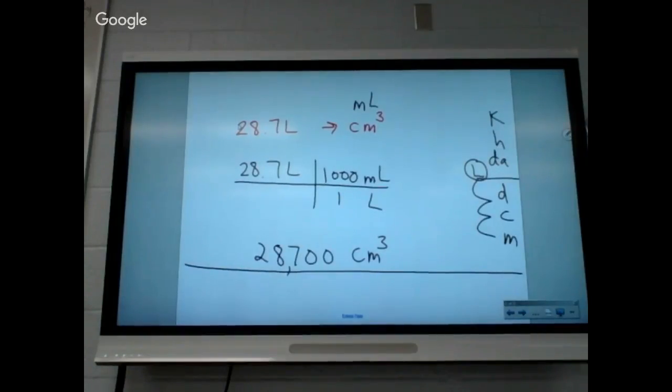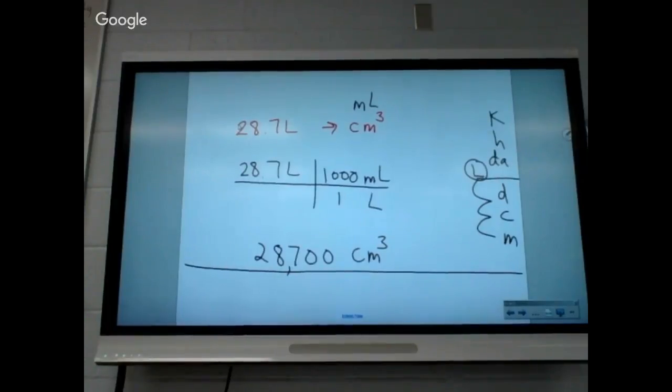Number 5, 16,840 millimeters. Number 6, decimal and 3 zeros, 156 kilometers. A decimal and 3 zeros, 156 kilometers.